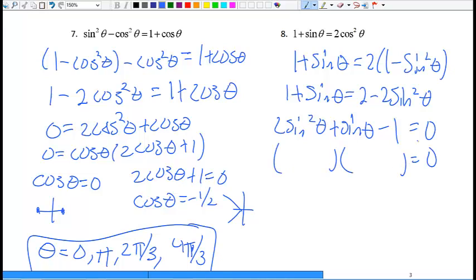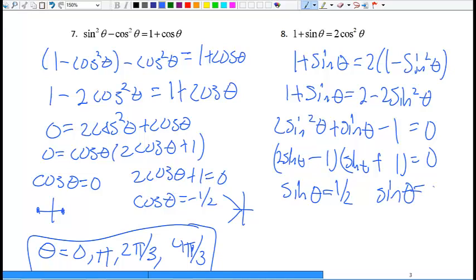All right, so then we're going to try factoring this. So 2 sine theta and sine theta, 1s and 1s. Let's see, I need the 2 to be positive and the other one to be negative. Okay. And setting each equal to 0 and solving, I should get sine theta is equal to a half and sine theta equals negative 1.